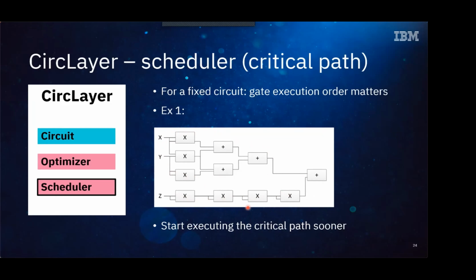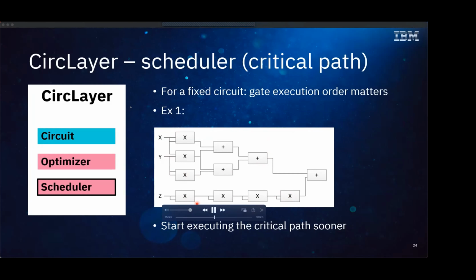And suppose that you want to execute a circuit with more than one CPU. Let's say you have two or more CPUs, then obviously the critical path of this circuit is these 4 multiplication gates. And even if you assign both CPUs to first compute this part of the circuit, then you're going to end up having to compute this critical path, in which case the two CPUs will not be able to work in parallel over the critical path.